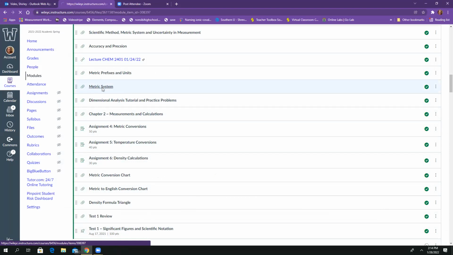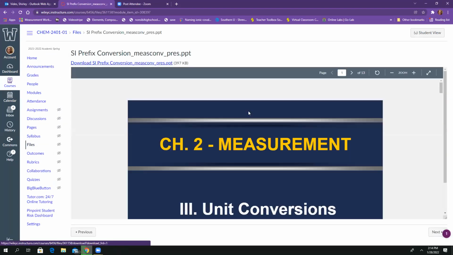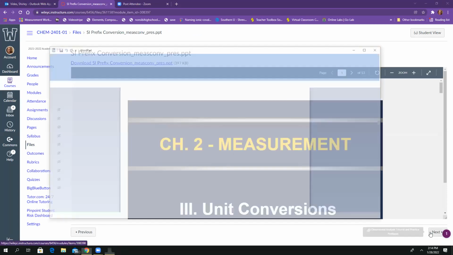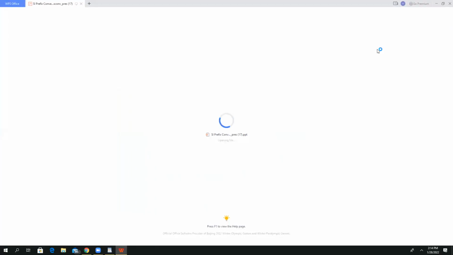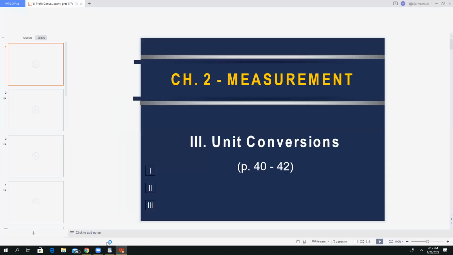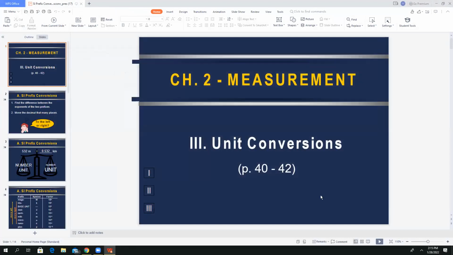Come on, let's go. I'm just going to download it and open it. See, this is what happens every time. Always get this sheet that's very strange with all these scribbles. We don't need that one. We need this one.